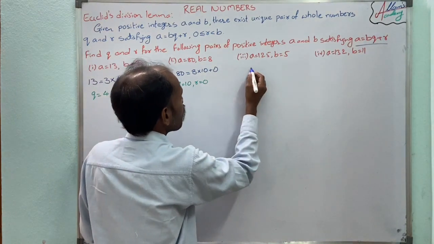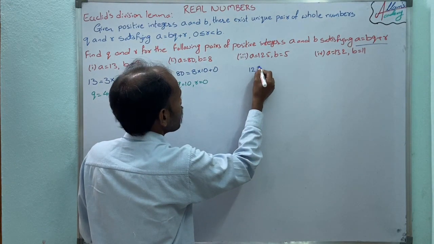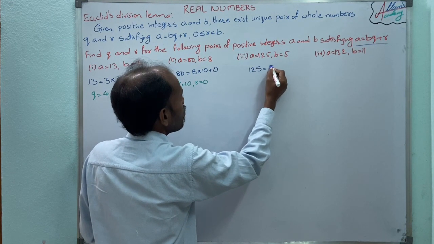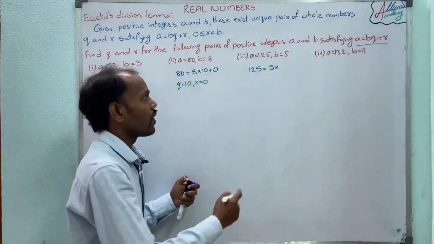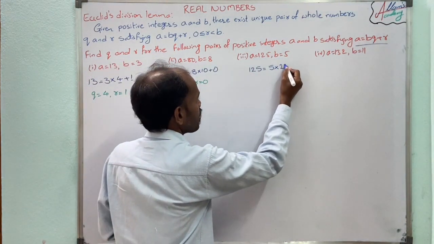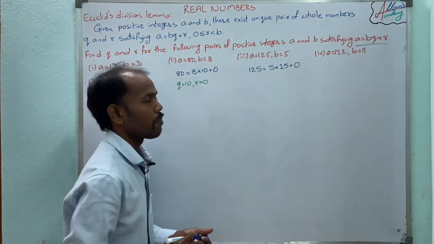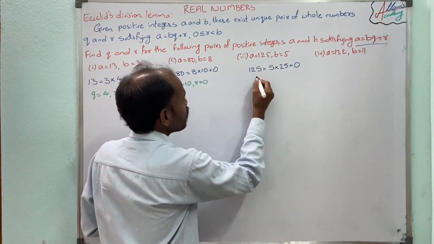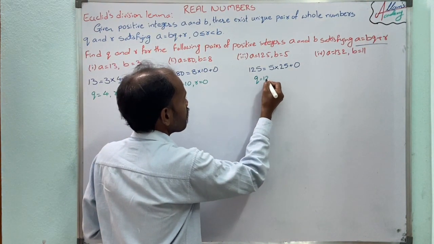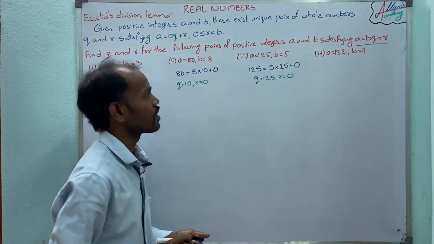So we write a equals bq plus r: 125 equals 5 into 25, which is 125, so the remainder is 0, so plus 0. From this problem q equals 25 and the remainder r equals 0.